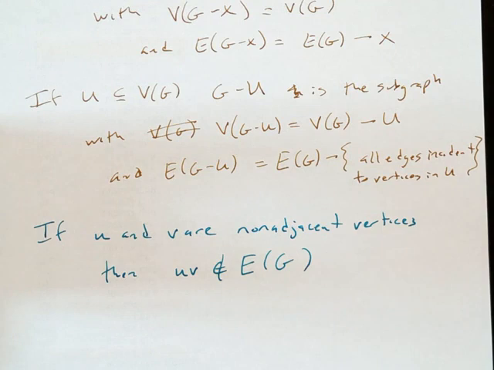If adjacent means there's an edge between them, non-adjacent means there isn't. So if I have non-adjacent vertices, then the edge UV is not part of my edge set already. I could take things out. I can put stuff in.